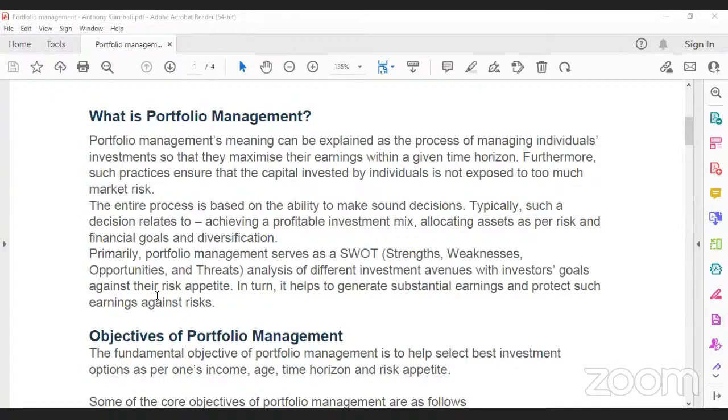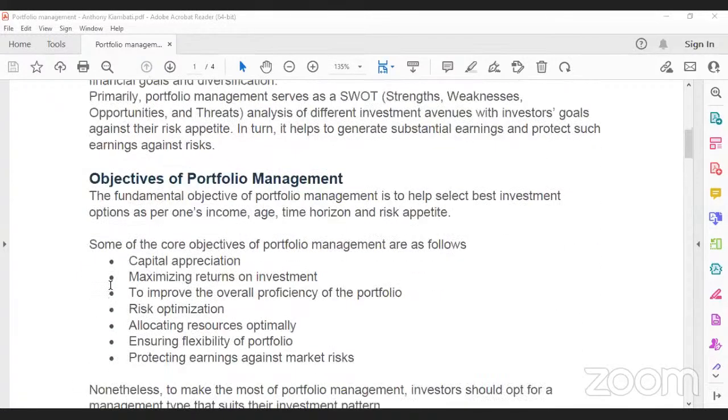Primarily, a portfolio manager serves as a SWOT analysis, that's looking at the strengths, the weaknesses, the opportunities, and the threats of different investment avenues with the investor's goals against your risk appetite. Okay, so that's the basic definition of portfolio management.